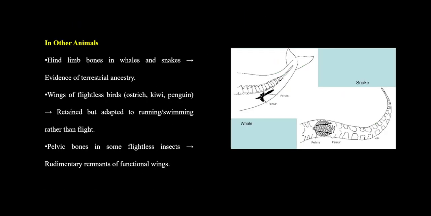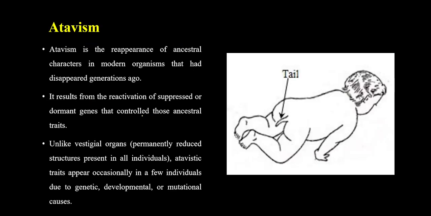In other organisms, like hind limb bones in whales and snakes, which are the evidences of terrestrial ancestry. Then the wings of flightless birds, which are retained but adapted to running and swimming rather than flight. Clear? Same in case of pelvic bones in some flightless insects.